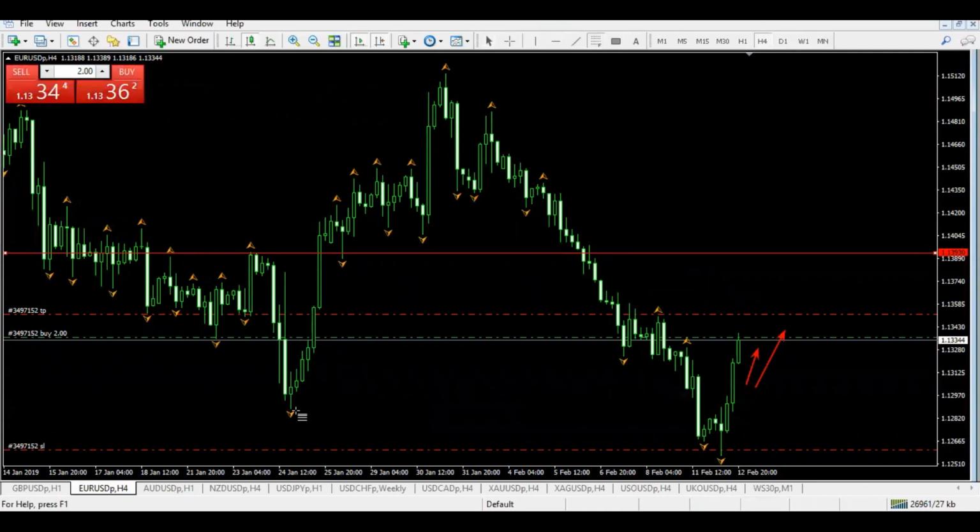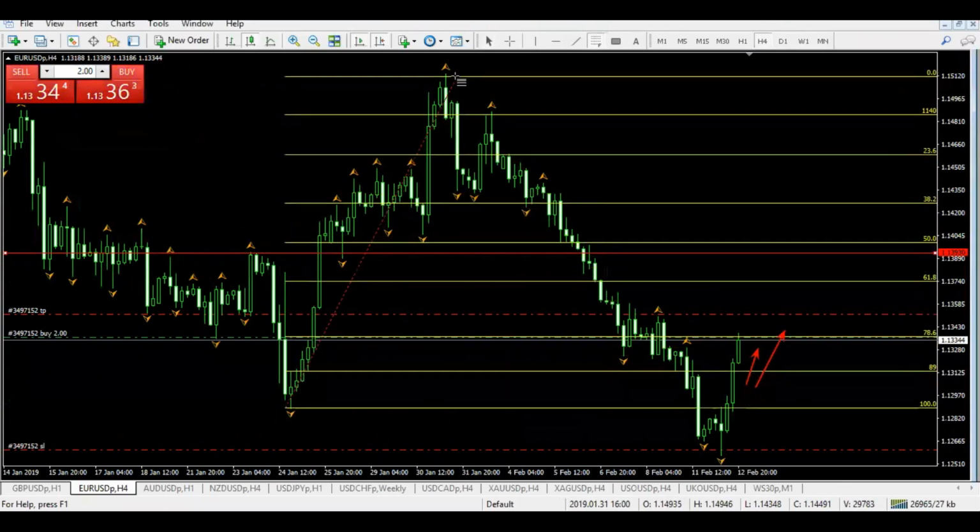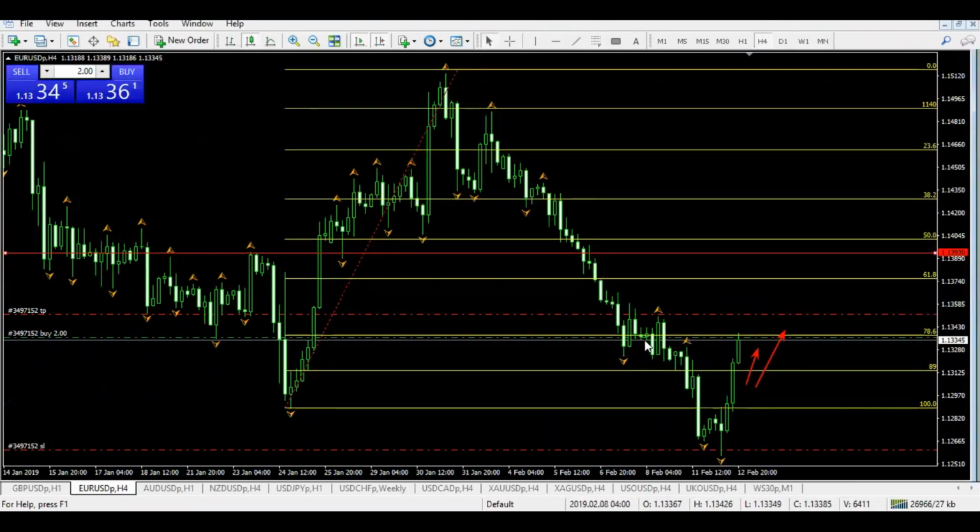So when you draw the Fibonacci, the price is here. And you have drawn this Fibonacci in the 78. I don't remember where we did the buy position. On the 78, when you do a buy position, you should put the stop loss under the 78 or under 89.